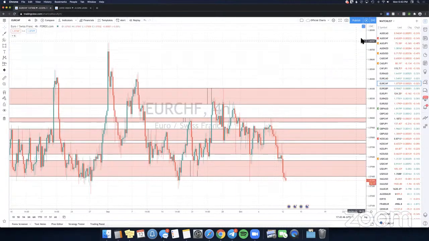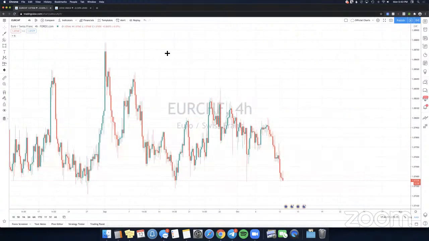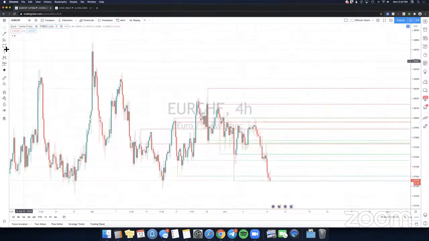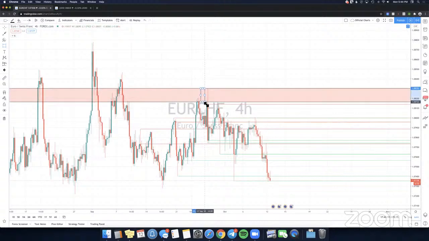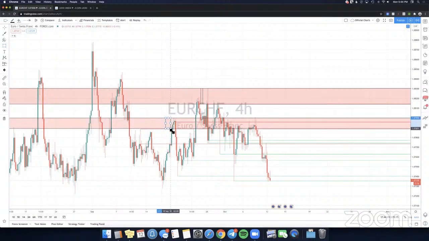All right, Euro CHF right here. This closed below this zone. So let me just redraw these zones here. All right, so this upper zone right here, this lower zone here.